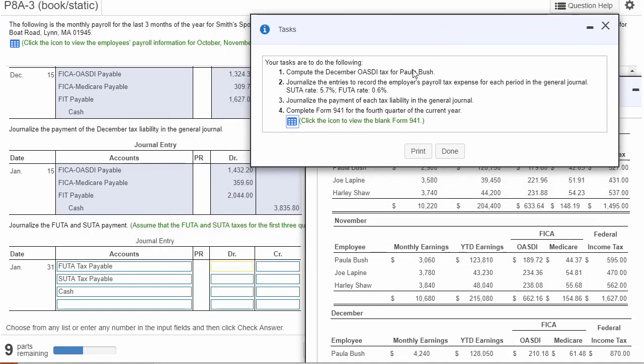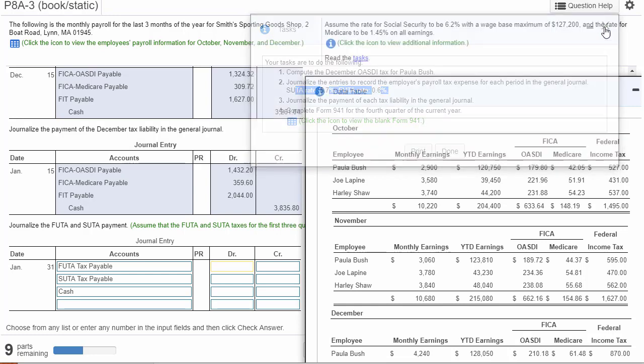It looks like it does not remind us that the FUTA and SUTA limit or wage base is $7,000 per employee. It tells us our rates, 5.7 and 0.6%, but it does not remind us that FUTA and SUTA taxable for each employee per year is $7,000.